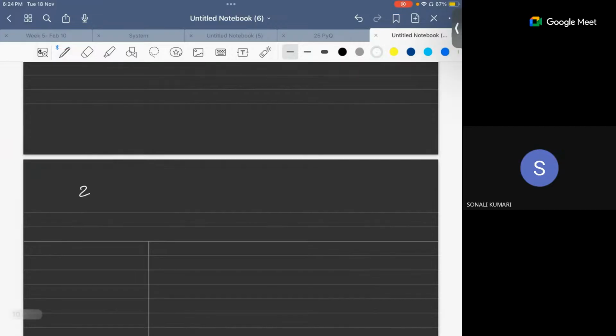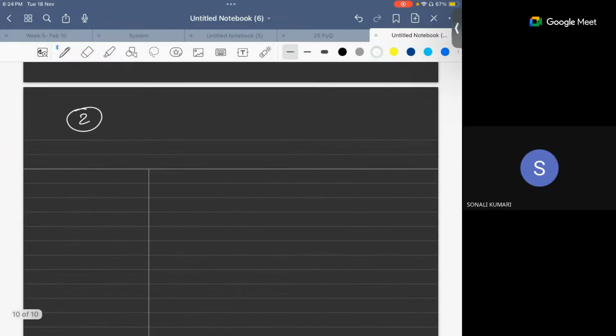The second thing: whatever system has been given to you, if your system is x of t, and apart from there you see the variable t anywhere else, then directly you can mark the system as time variant. For example, this one.